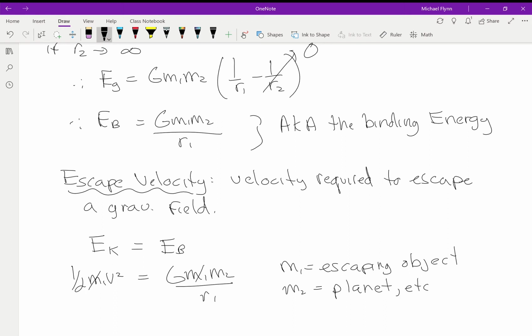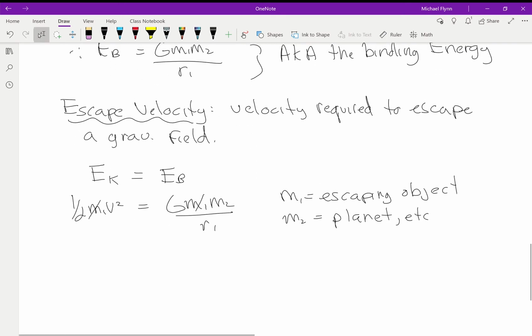Anyway, m1 cancels. So whether you weigh 50 kilograms or 100 kilograms, it doesn't matter. You're going to have the same escape velocity. Not the same binding energy, because that does depend on your mass, but the same escape velocity, because your mass, or the satellite's mass, or the space station's mass, cancels out. m2 would be Earth's mass in this case.